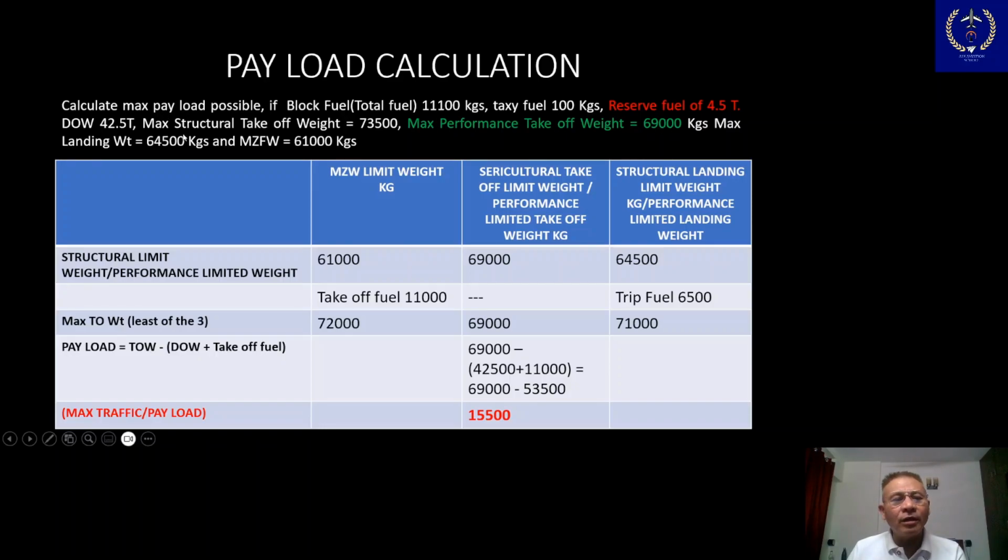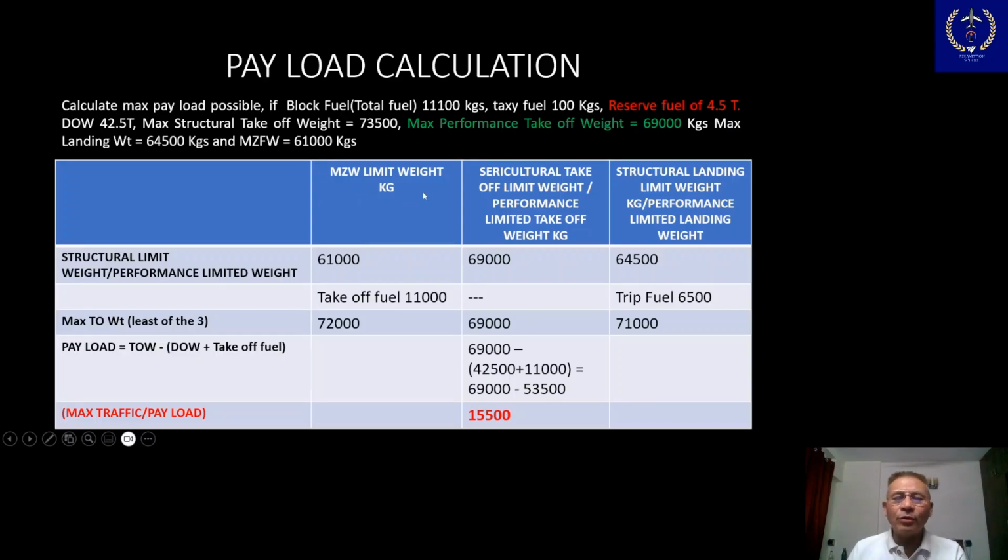Even though the structural limit takeoff weight can carry 73,500, in today's condition, probably because of the high temperature and the low pressure, my takeoff weight is limited to 69 tons, and the max landing weight is the same, that is 64,500. Max zero fuel weight is 61,000 kgs.